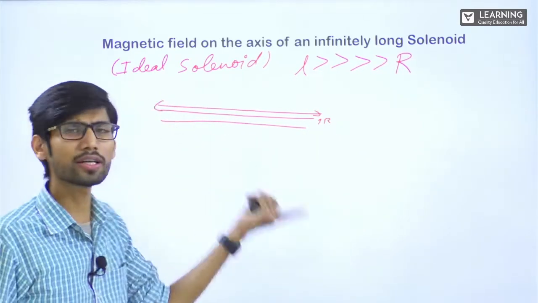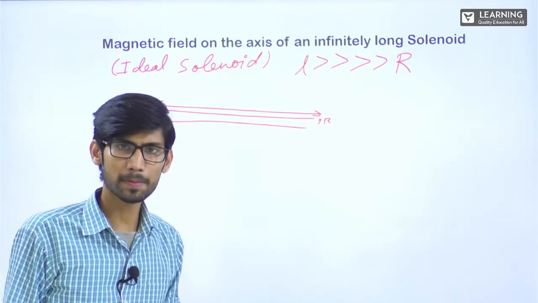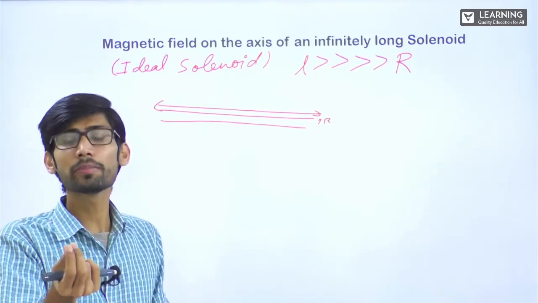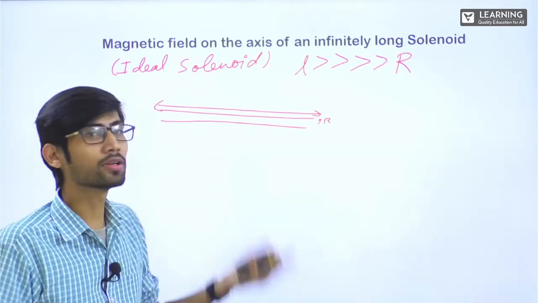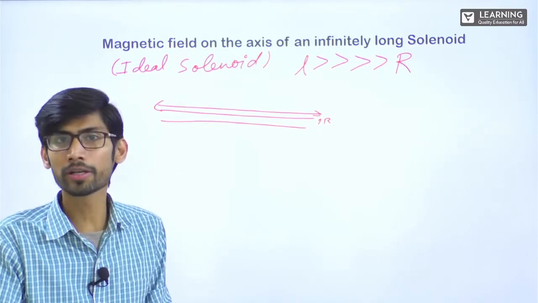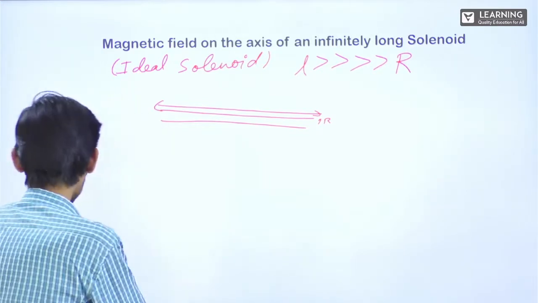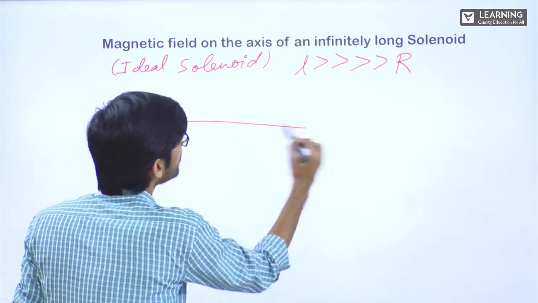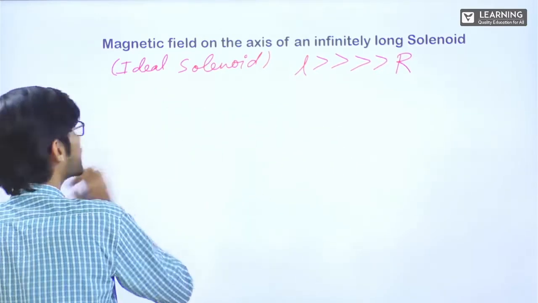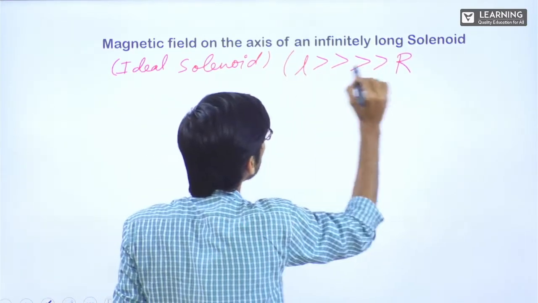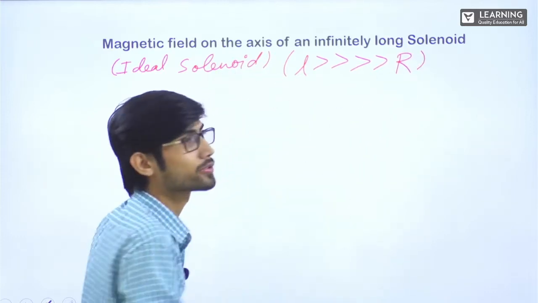So this is an infinitely long solenoid. Clear? Radius will be, let's say, 1 millimeter, 2 millimeter. The length will be, let's say, 100 centimeter, 1 meter. Correct? So that is what infinitely long solenoid means. Whenever L is very much greater than R, it's an ideal solenoid.